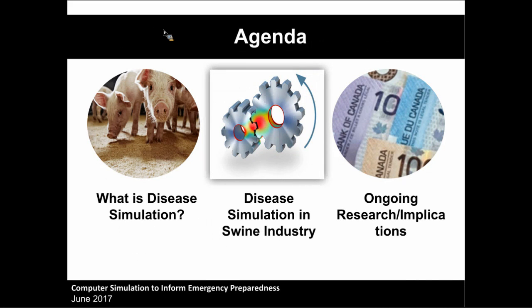So here is a brief note on the topics I would like to highlight during this presentation. We'll start with the meaning of a disease simulation model and why and when it can be useful. Then move on to a couple of examples of disease simulation research that was done here in Ontario. And finally, finish with some of our group's ongoing and upcoming research on disease simulation in swine populations and how these findings could benefit the industry.